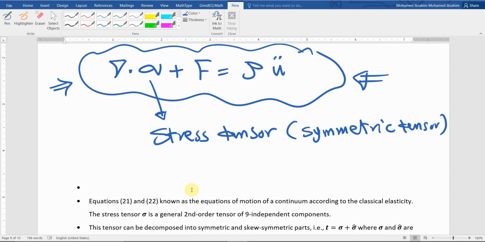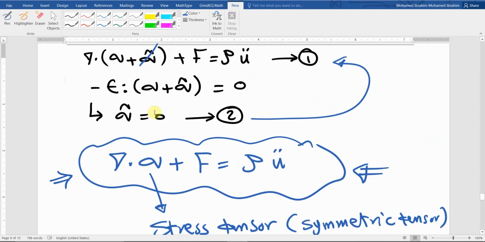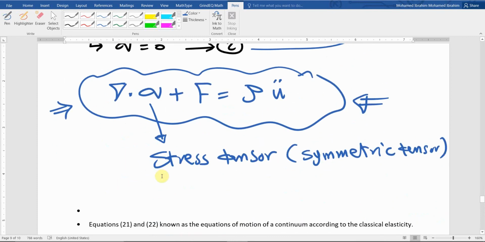Because the second equation of dynamic equilibrium, which is related to the moment equilibrium of the continuum, demonstrates that the skew symmetric part of the tensor is 0. That's why the stress tensor should be symmetric. Make sense? These are the main equations of motion that we're going to use through this course for continuum mechanics.